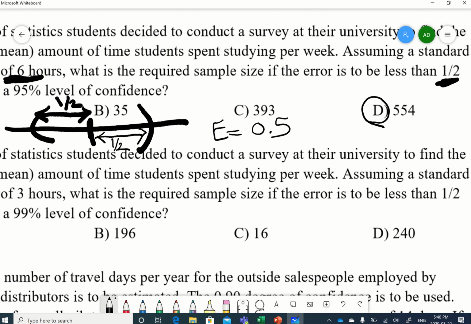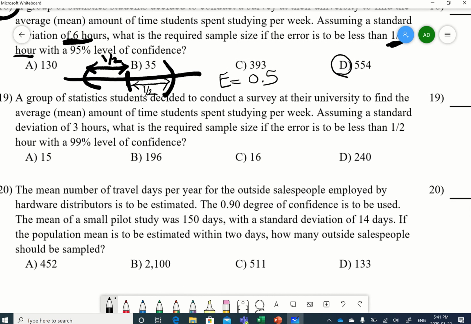So they have to talk to at least 554 students, get their time spent per week, and that way they can build the confidence interval with the width they prefer.